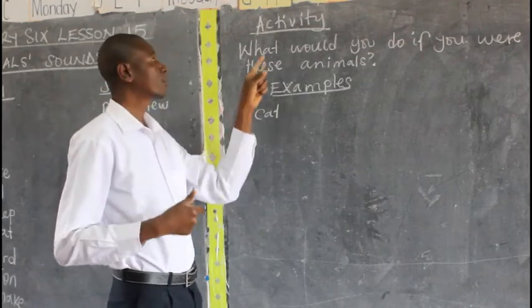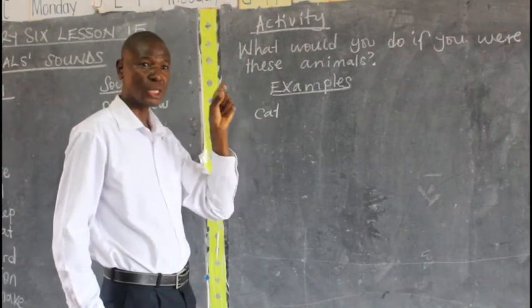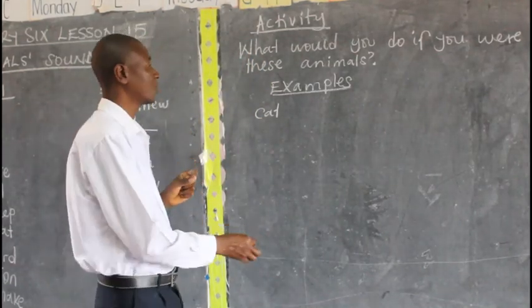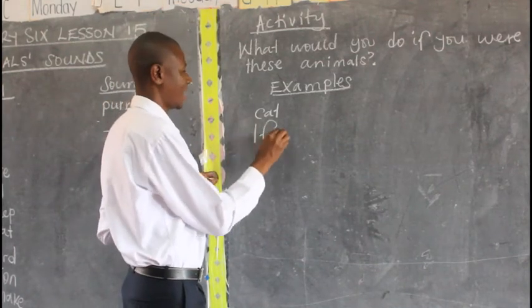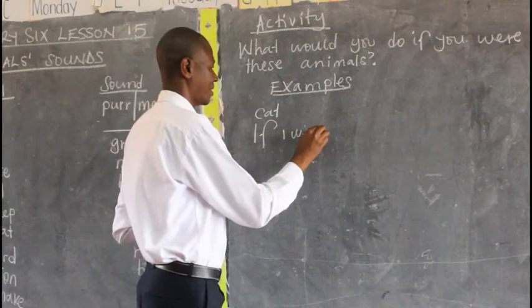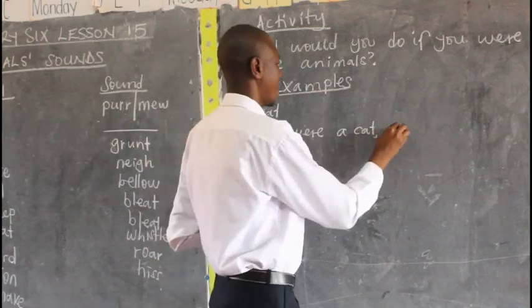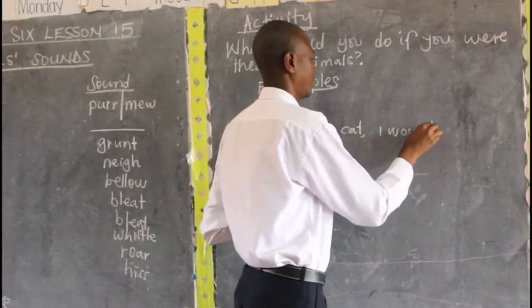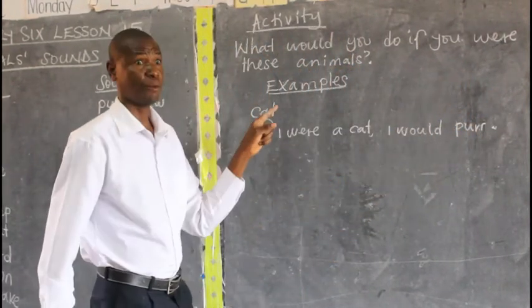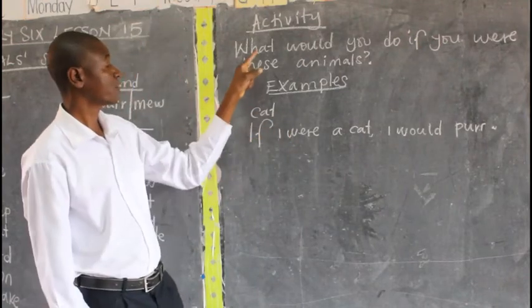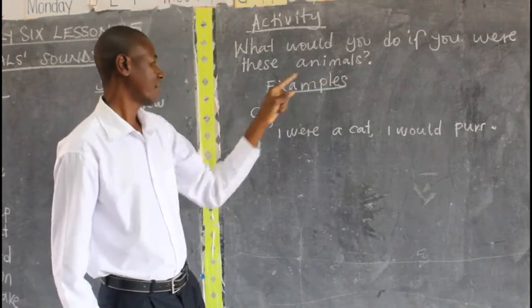The sentence you are going to construct is supposed to refer to if what? To. So that means you will begin your sentence: If I were a cat, I would purr. That is the type of answer I want. Because the instruction is, what would you do if you were these animals?